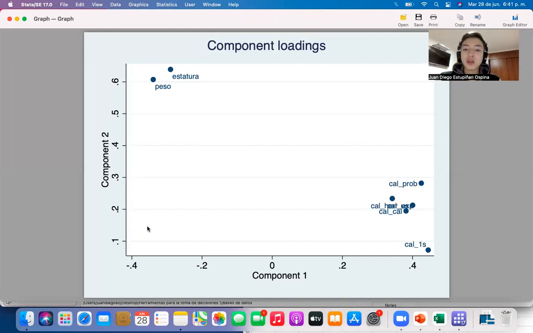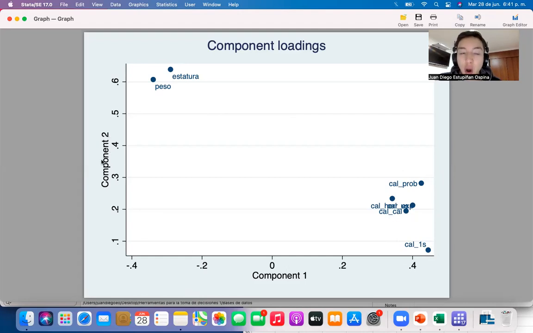Good. So in this graph, we could see that for component 1, the loading plots are strongly concentrated here because this component represents the variables related with grades. So the loading plots for those variables are positive, while for those 2 variables they are negative in the case of component 1.